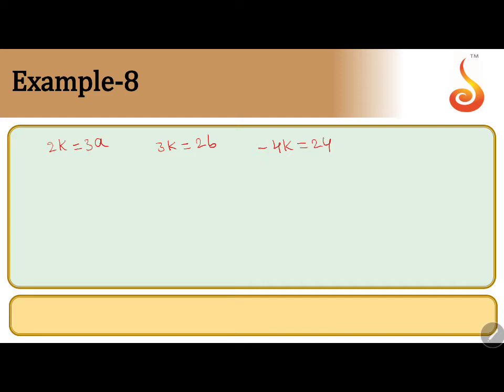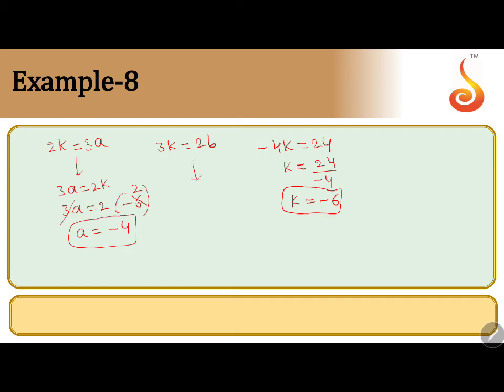From the third condition, k is equal to 24 by -4. Then we get k is equal to -6. Now we are going to substitute the k value in the first and second conditions. From this, 3a is equal to 2k. 3a is equal to 2 into the k value, which is -6. The 3 ones, 3 twos cancelled. a is equal to 2 into -2, which is -4.